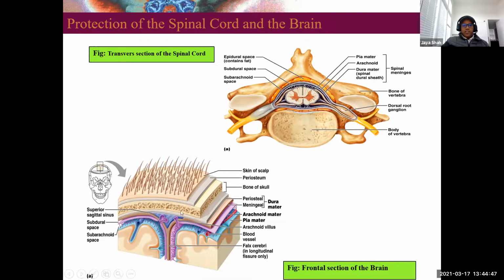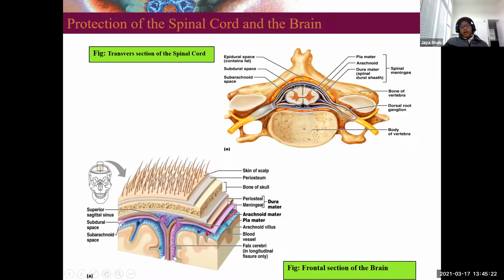So let's see the meninges in the brain. This is the brain area here, and this is your skull, and we are cutting the skull and looking here. So you have the skin of the scalp, you have the periosteum, the outer connective tissue of the skull bone. And then under it, you have another periosteum, because any compact bone always has periosteum on either side.